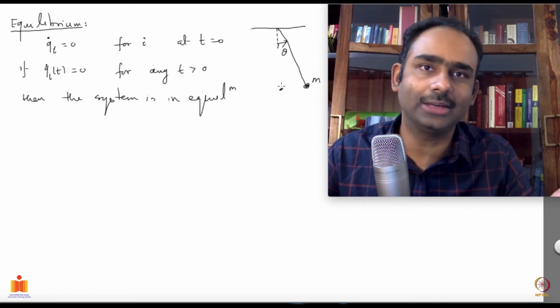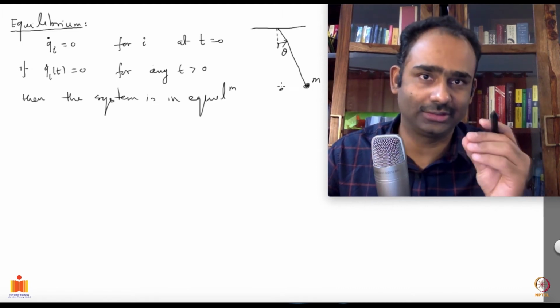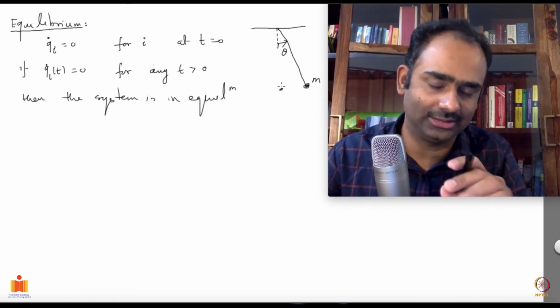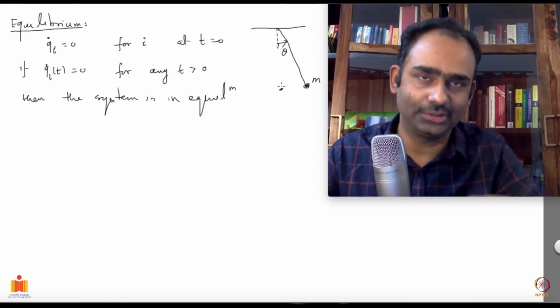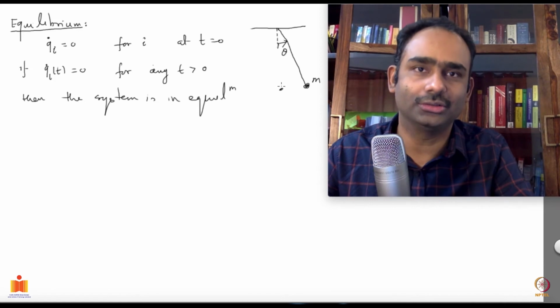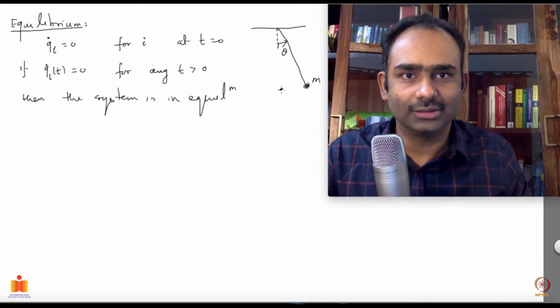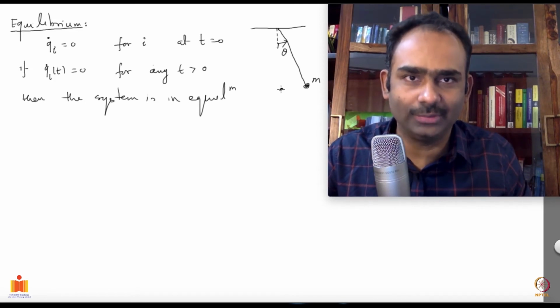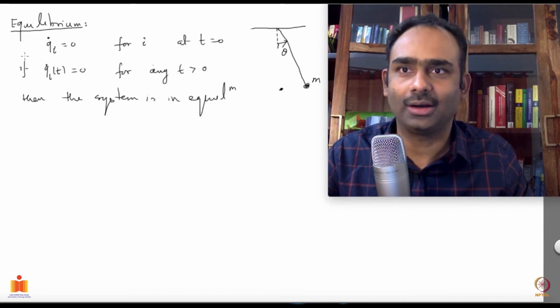So at any later time t, it will still be lying there, but if you give it some velocity there at the lowest position, then of course it's not going to stay there. So clearly you see that this point will be an equilibrium point because this condition is holding true.